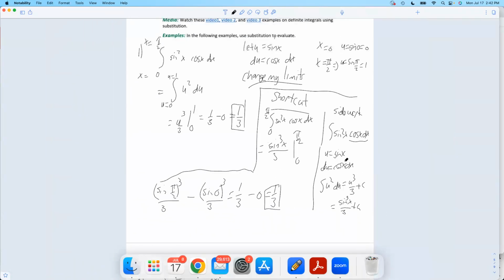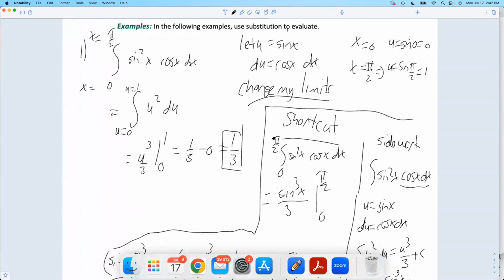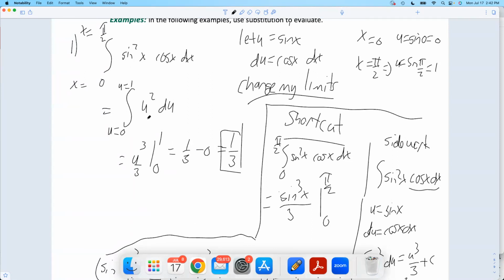Okay, so every integration by substitution definite integral, they're all the same. You just have to be careful in how you write it up. If you're switching over to u's and you want to forget about x's, then you have to change your limits. And from that moment on, forget about the original x's. It's a brand new problem. You just finish out with u, you get your answer, you're done.